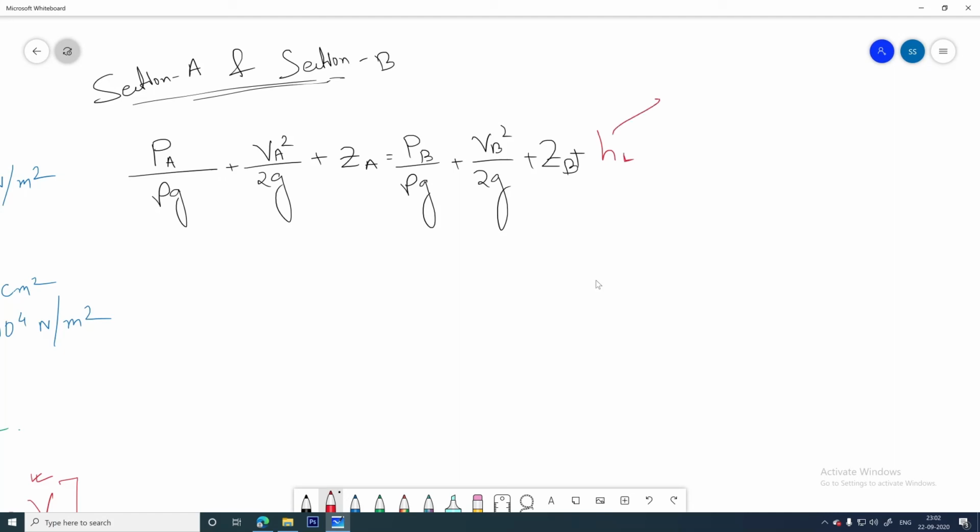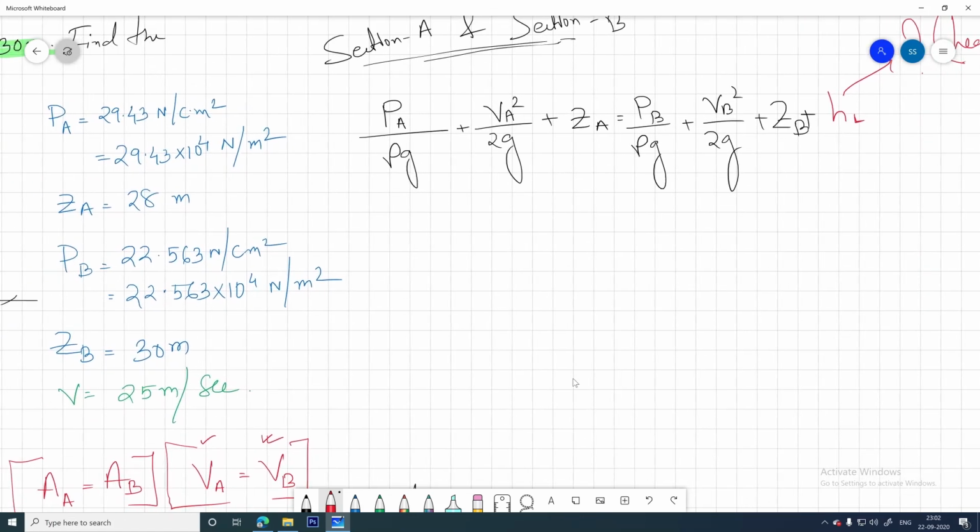This thing we need to determine, that is the head loss. So let's put all the values.